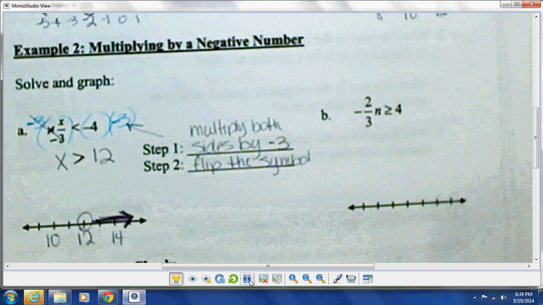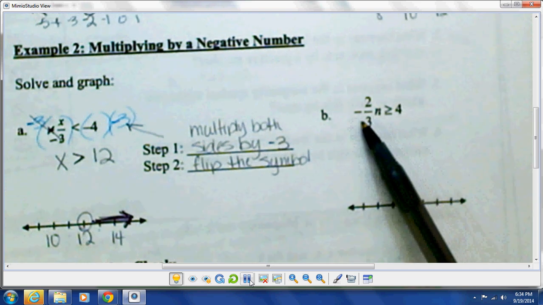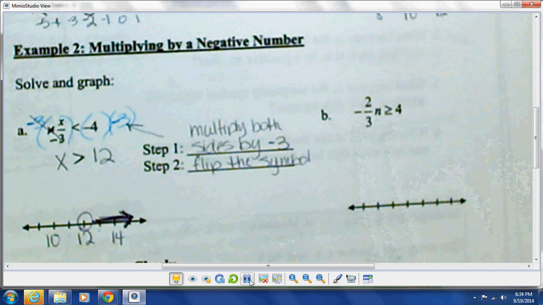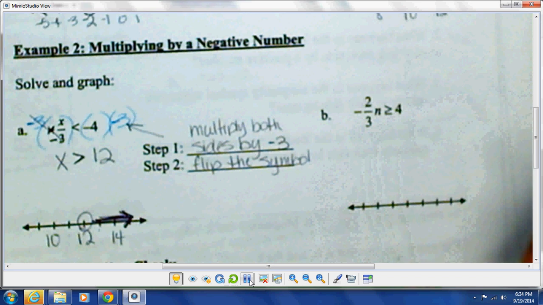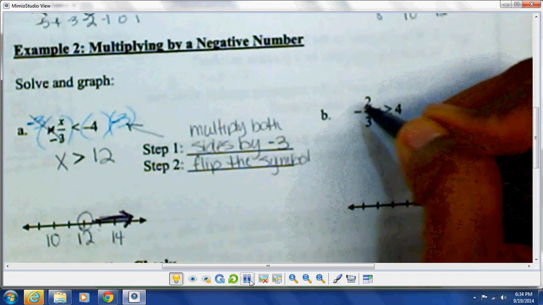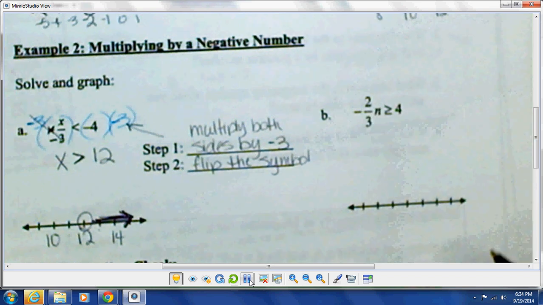Okay, even though I don't really think you have things like this until 8th grade, we're going to go ahead and go over it very quickly. Since we have -2/3, remember, take your negative and just put it on either number. But remember, we have to multiply by the reciprocal of the number.